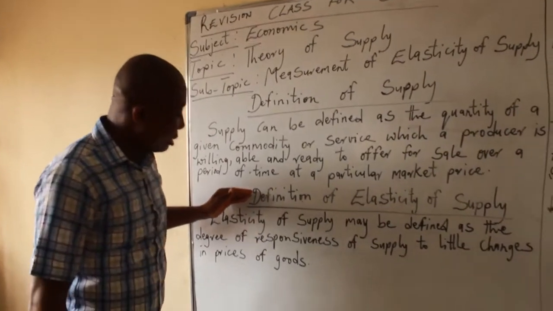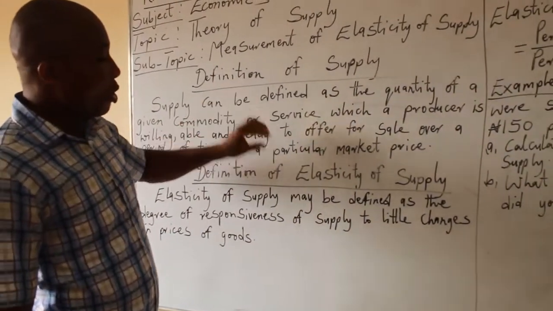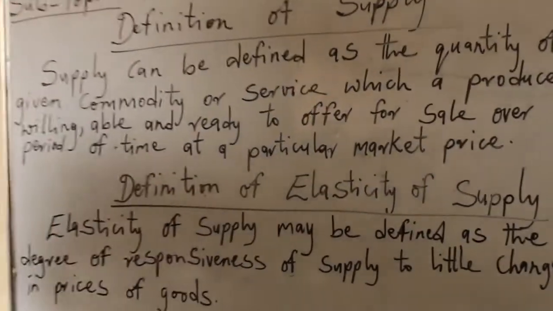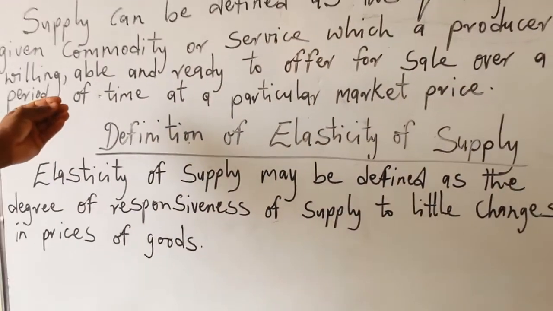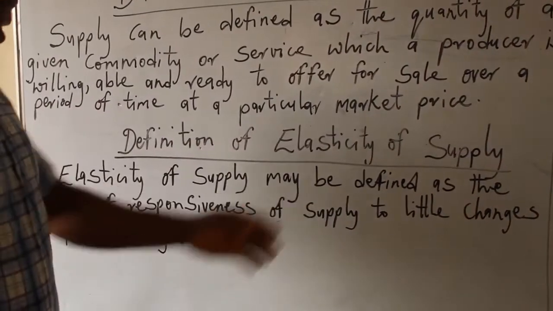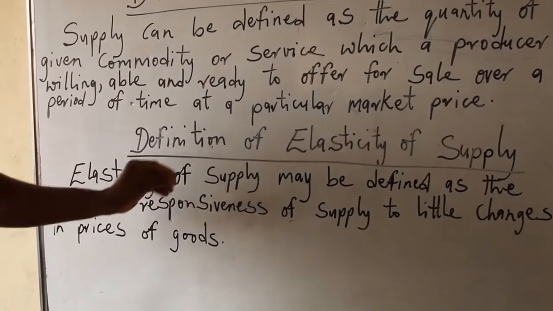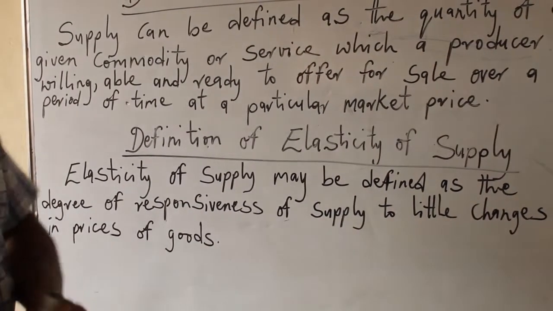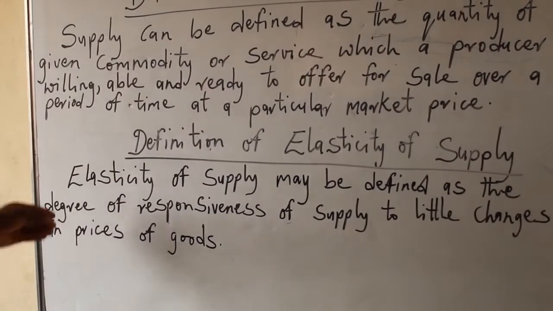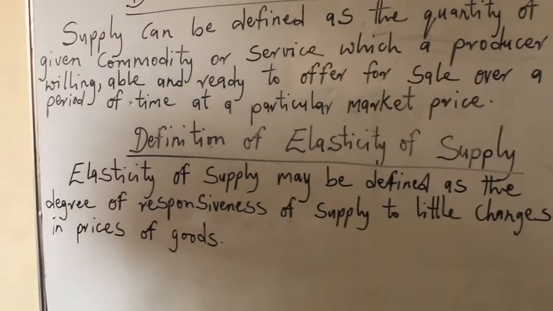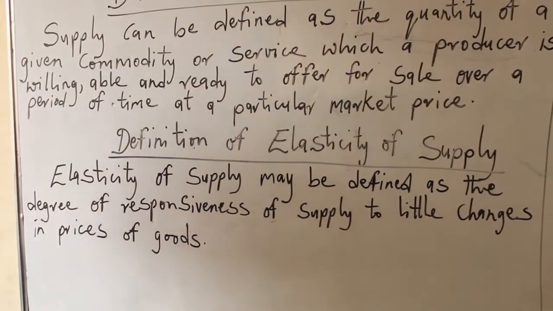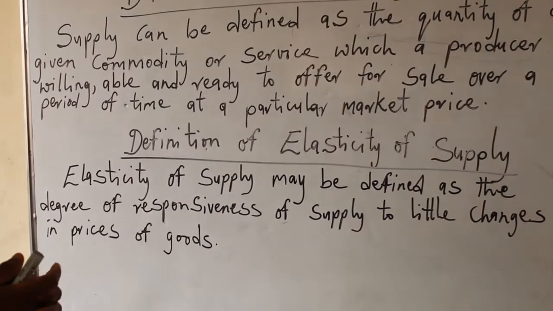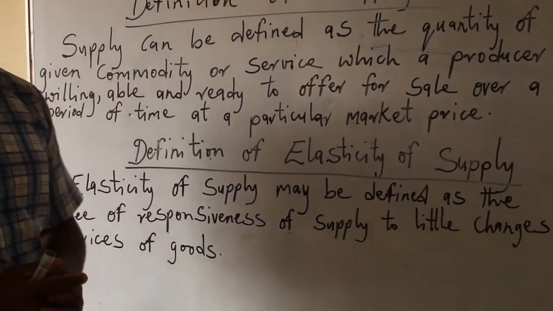Now, take us to the definition of elasticity of supply. What is elasticity of supply? Elasticity of supply may be defined as the degree of responsiveness of supply to little changes in prices of goods.